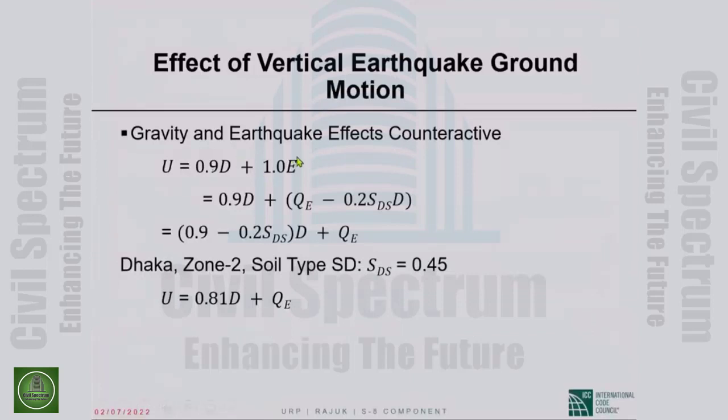The counteractive load combination E is written as Q sub E minus 0.2 S sub ds times D, indicating vertically upward earthquake ground motion. Now the dead load factor is decreased from 0.9 to 0.9 minus 0.2 S sub ds times D. So for Dhaka, where S sub ds is 0.45, 0.2 times that is 0.09, the dead load factor is 0.9 minus 0.09, which is 0.81.